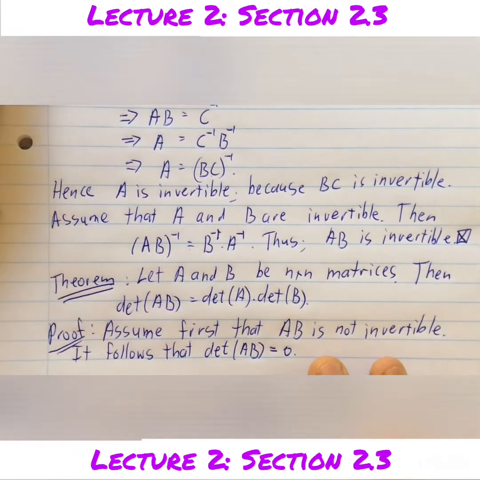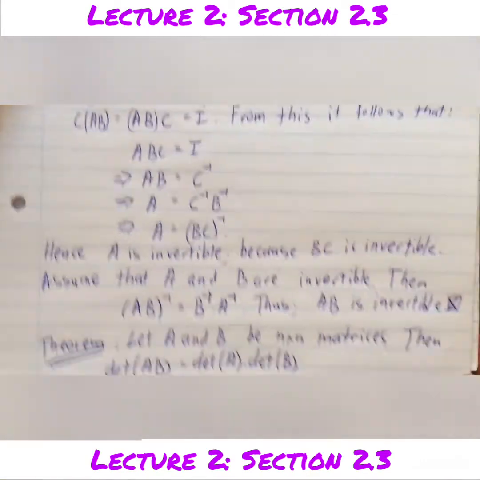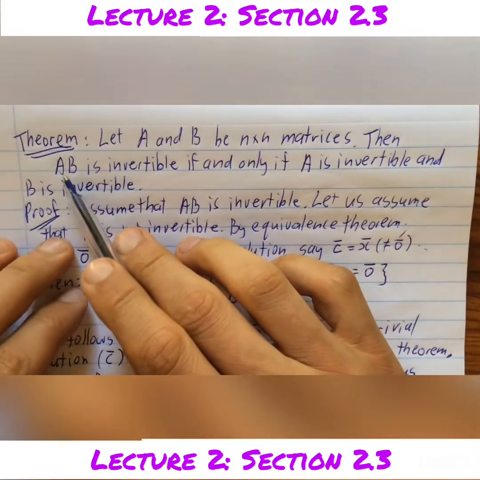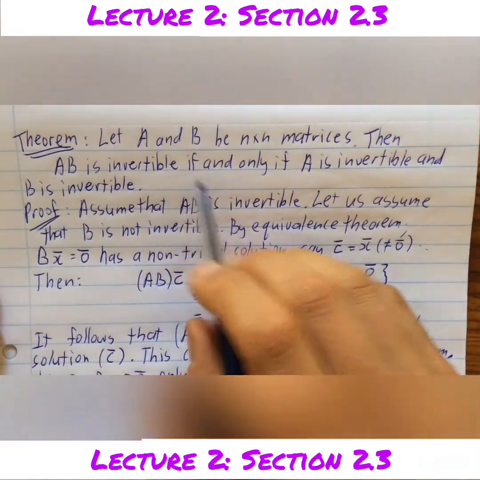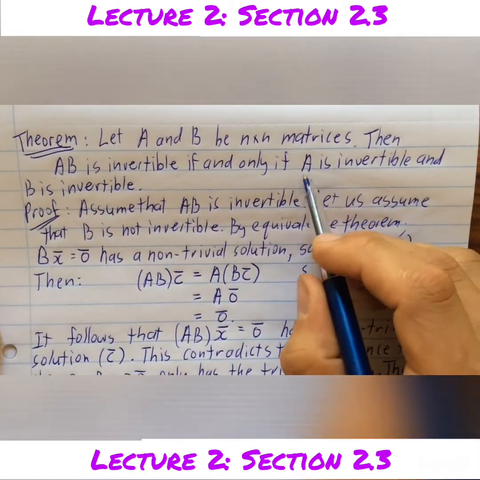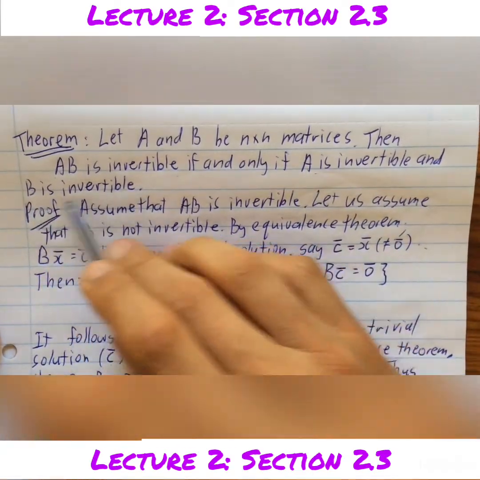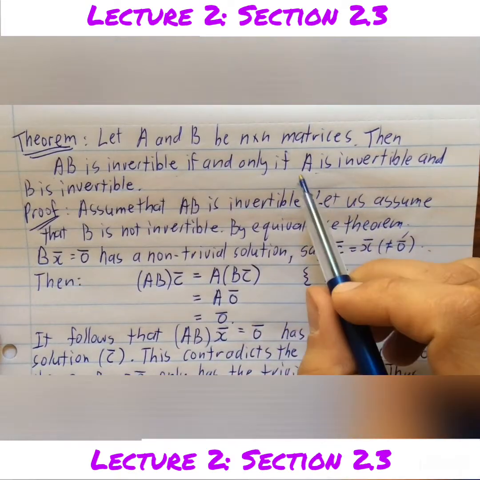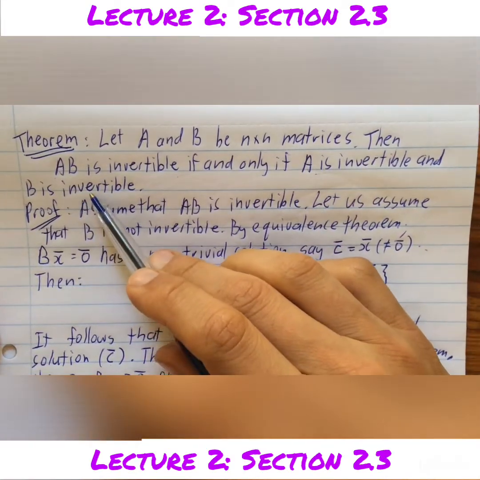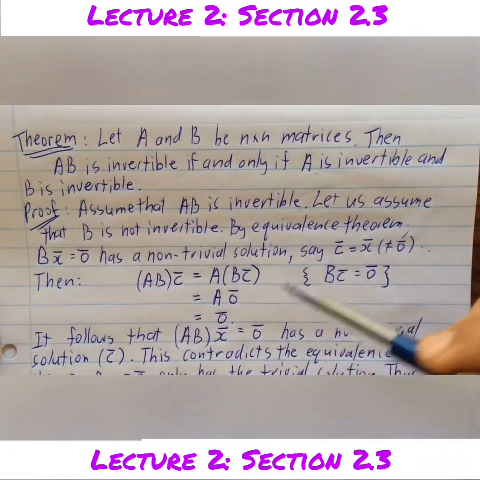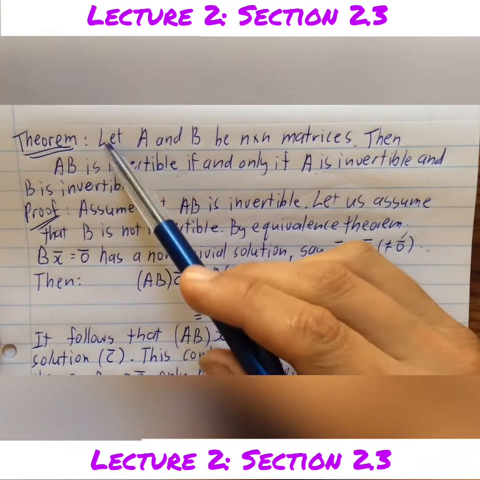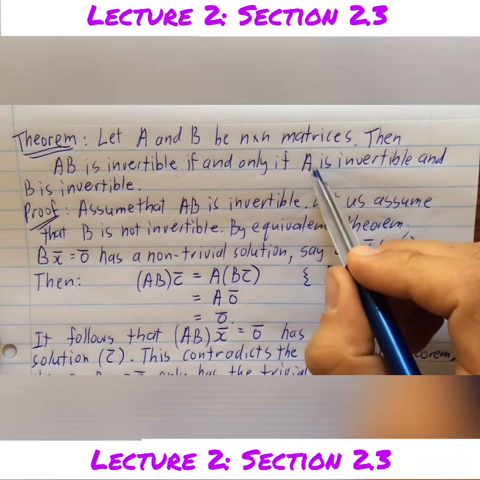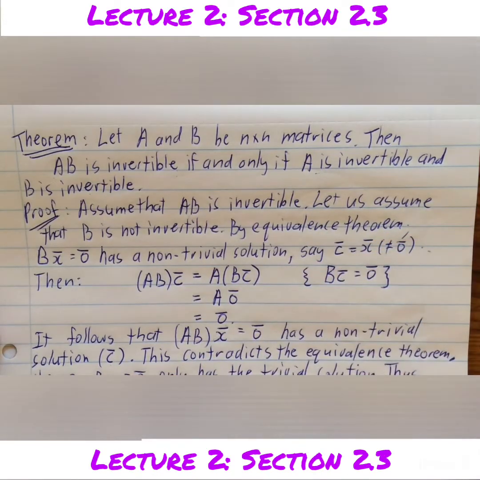Now, if we look at our previous theorem, these two statements, A times B is invertible, is equivalent to the statement A is invertible and B is invertible. So that means you cannot have one without the other. If one of A and B is not invertible, then A times B is not going to be invertible. And if A times B is not invertible, it means that at least one of the matrices A and B is not going to be invertible.